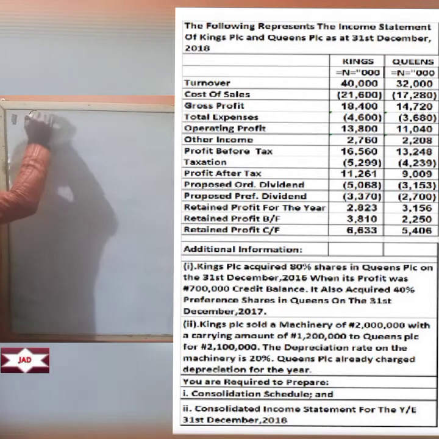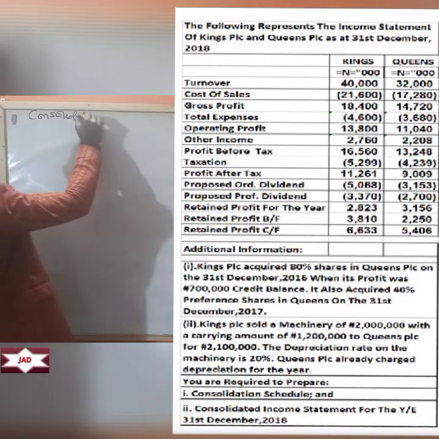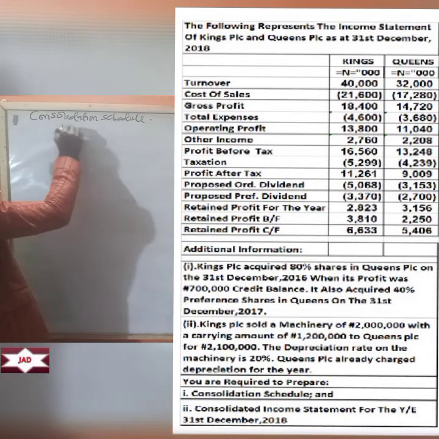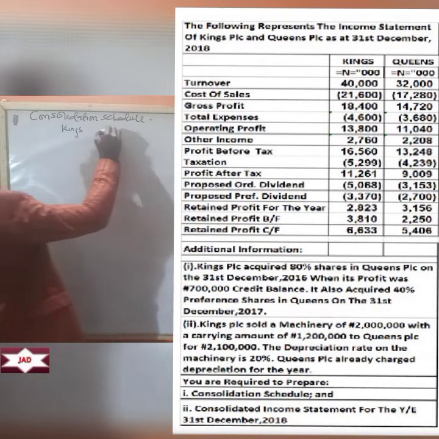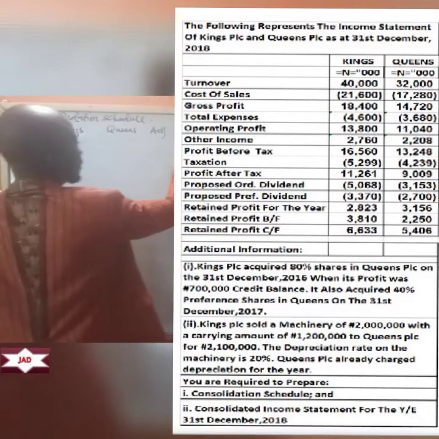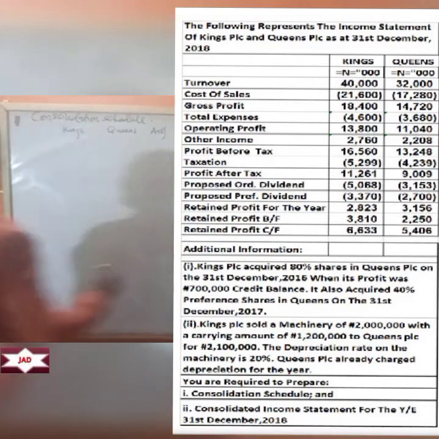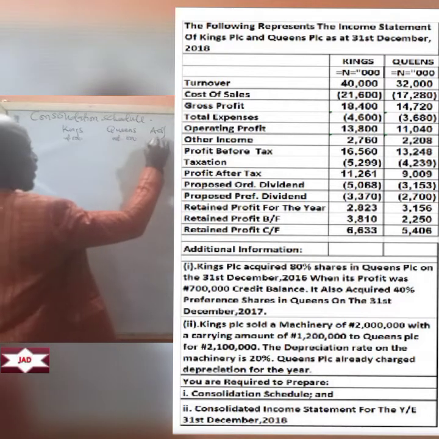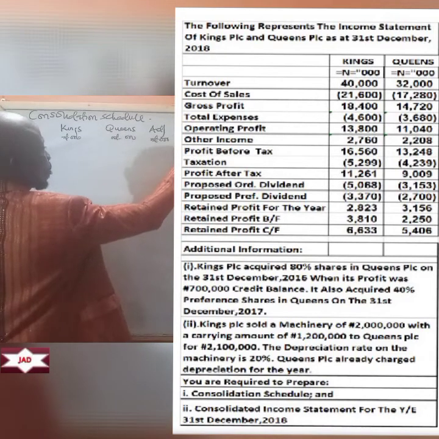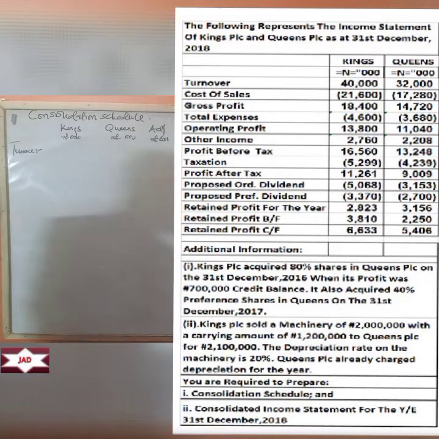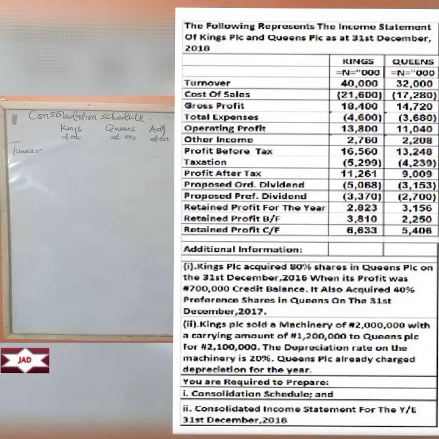Okay, so here we have the consolidation schedule. So we have Kings, we have Queens, then we have adjustments, then we have the consolidated P&L. Okay, so let's do it this way. We have turnover here, 40.32.